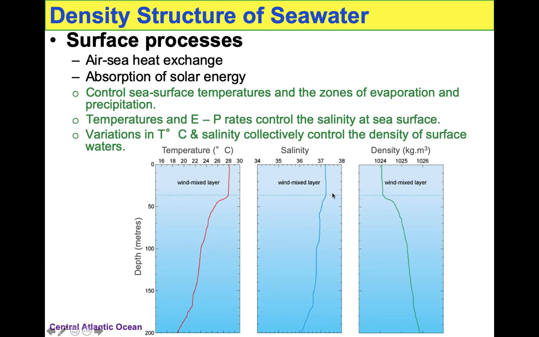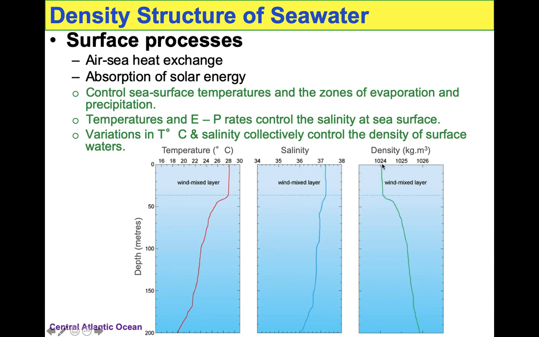But after that, as you go deeper, you will realize that the salinity is slightly decreasing. And so we started off here at 37.2 per thousand, and by the time we got to 200 meters, you are well below 36 per thousand. So that's basically a decrease in salinity.